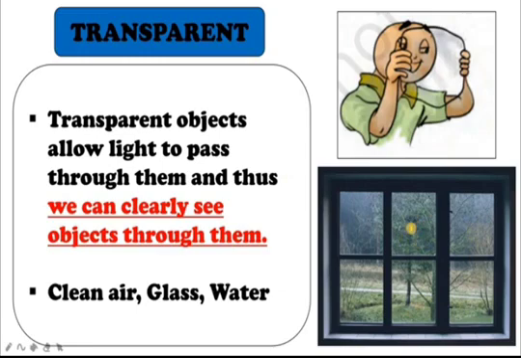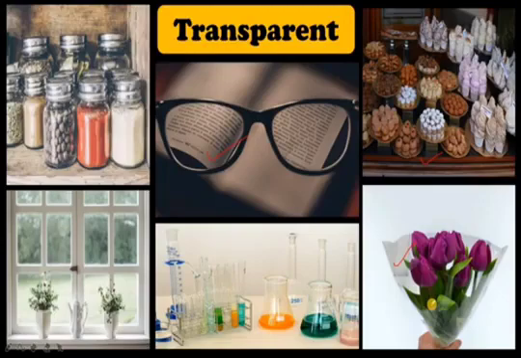So that type of object is called a transparent object. I hope you understood transparent objects. I think you have learned the same thing in the previous chapter. These are the examples of transparent objects.